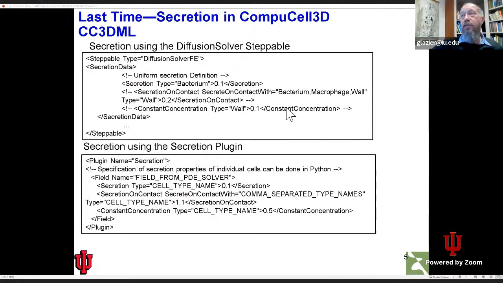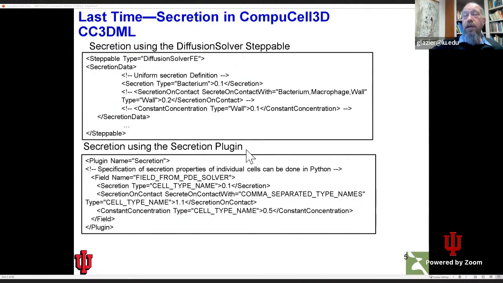Secretion on contact, for example, bacterium secretes, when it's in contact with a wall, a constant rate. Or we could define a constant concentration as a boundary condition. Here, the wall imposes a value of 0.1 at its surface.